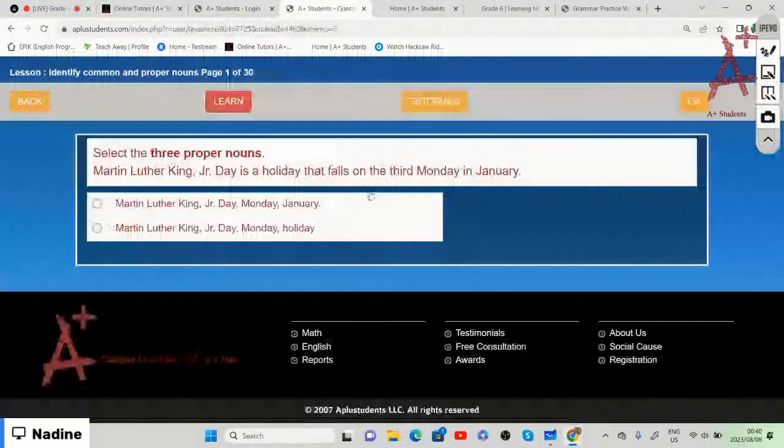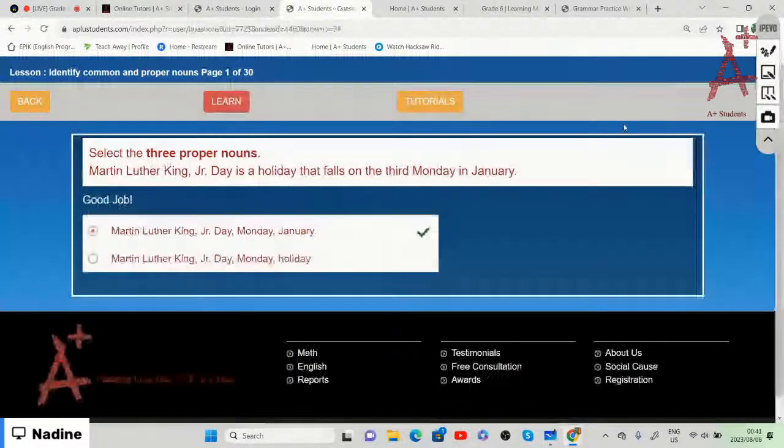And if we select the three proper nouns, we are going to choose option 1, which is Martin Luther King Jr. Day, Monday, as well as January.